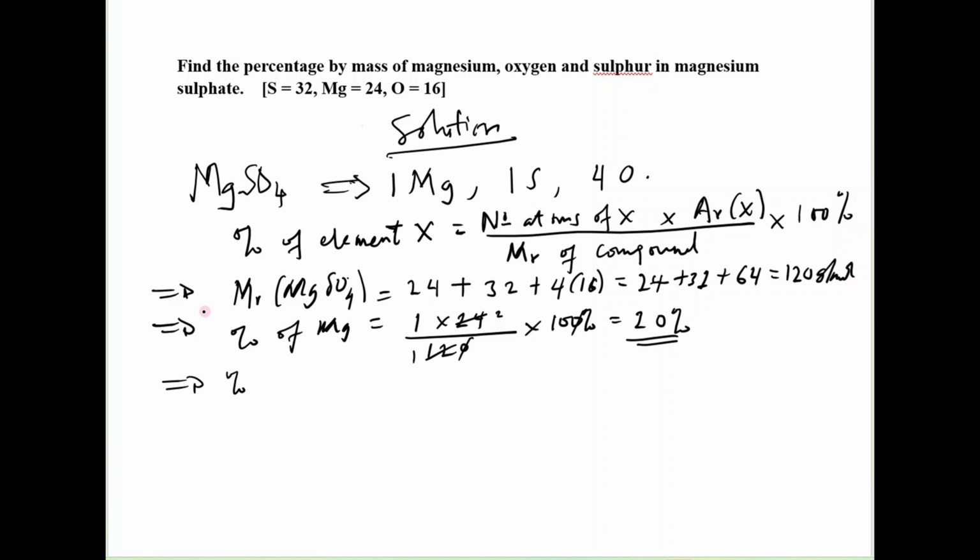It also implies that the percentage of sulfur will be equal to how many atoms of sulfur there are. That's 1 multiplied by 32, divided by 120, multiplied by 100%. The 0 eliminates the 0.